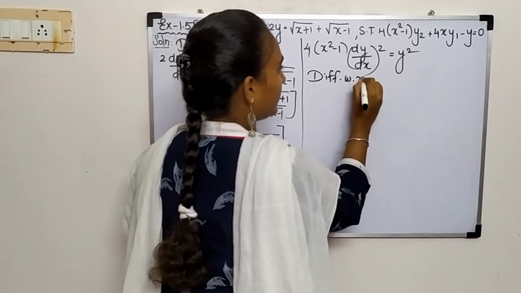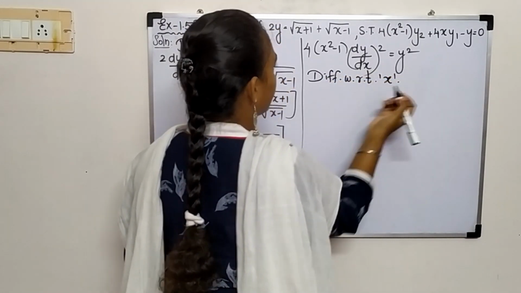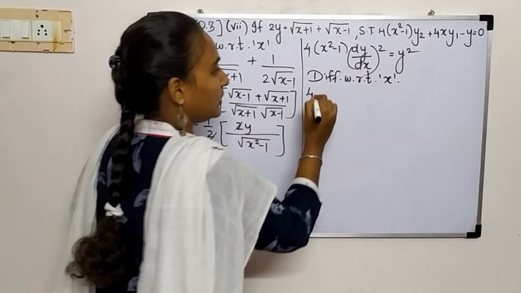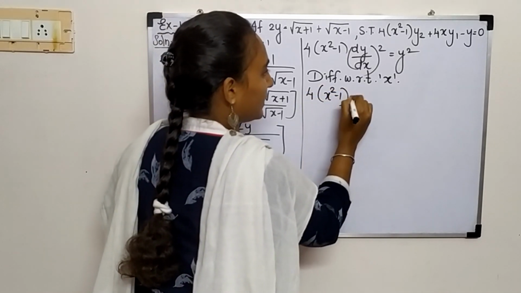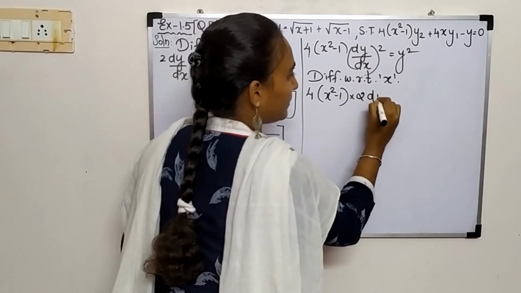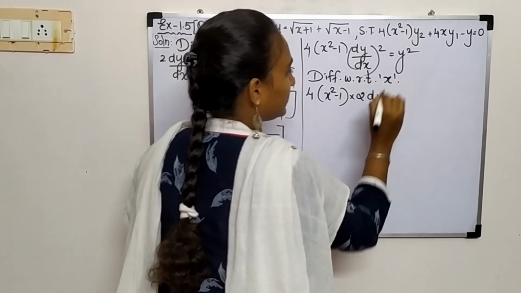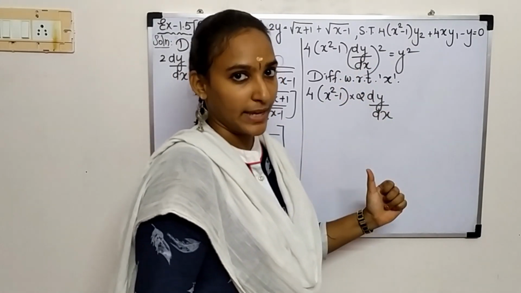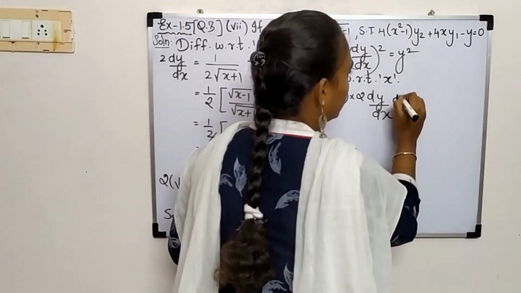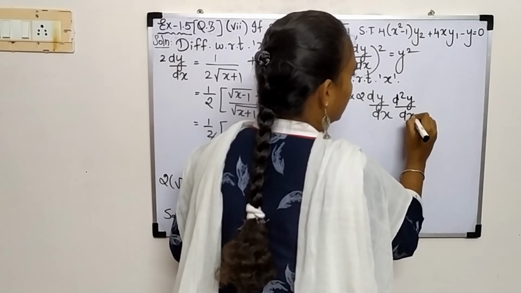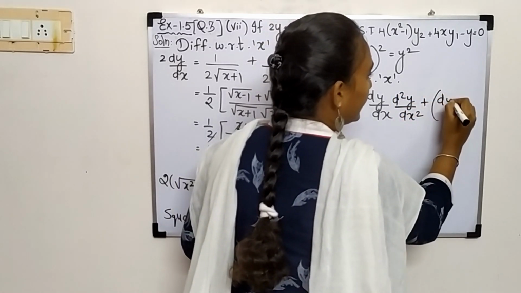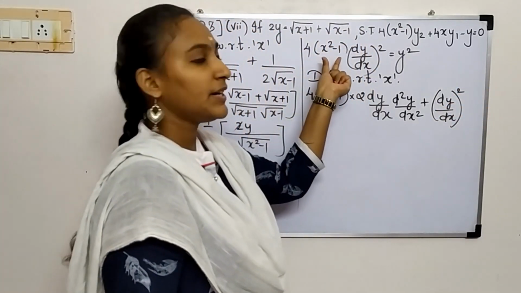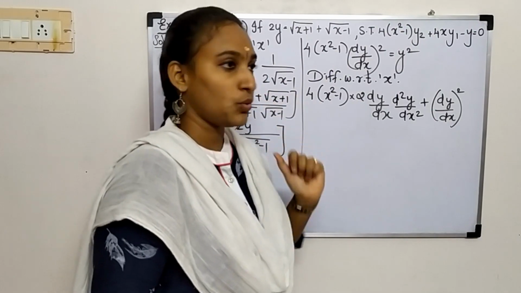Differentiating with respect to x, we get 4 as a constant, keep it out, x square minus 1 into 2 times dy by dx, and the derivative of dy by dx is d square y upon dx square, plus dy by dx the whole square into the derivative of x square minus 1, which is 2x.